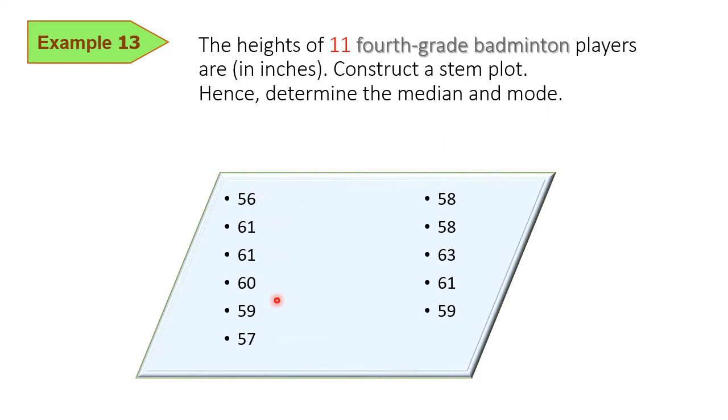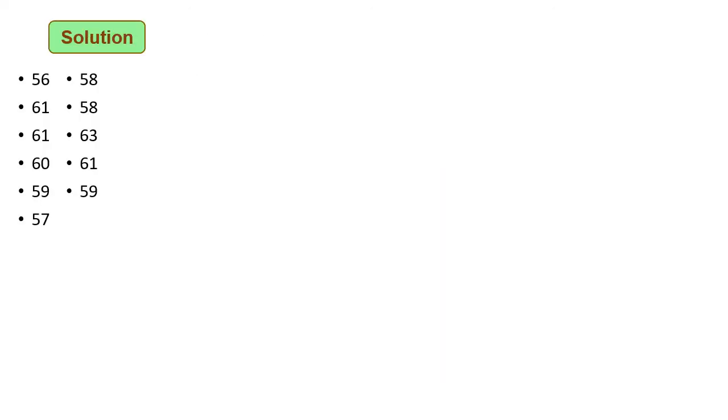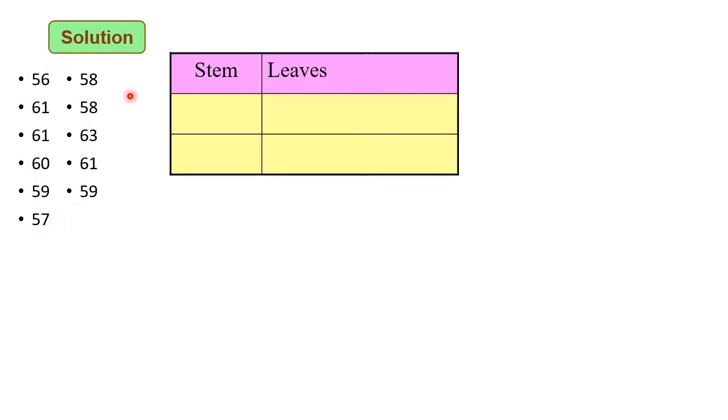So this is the set of data. I already put the set of data here, and then we want to plot a stem and leaf plot. We start with the first digit, that is the leading digit, that is 5.